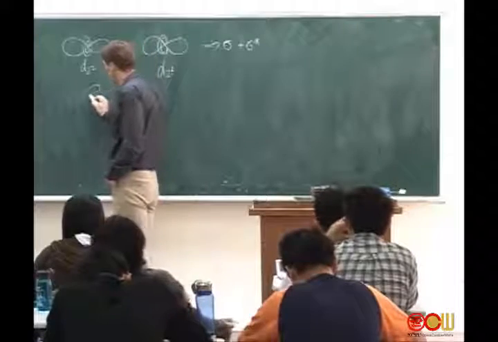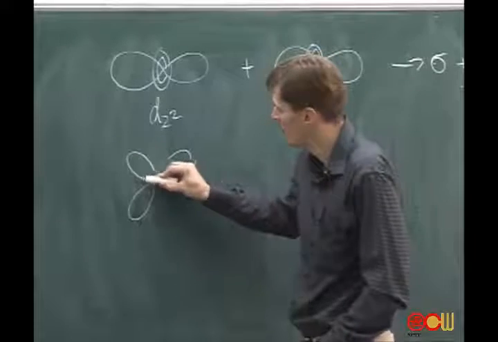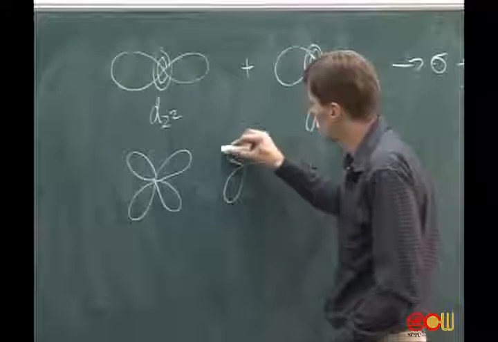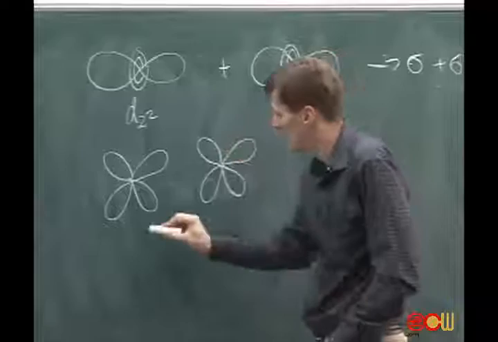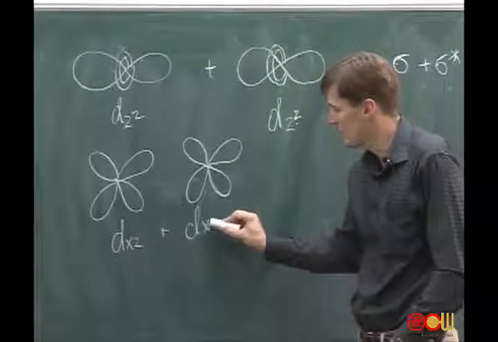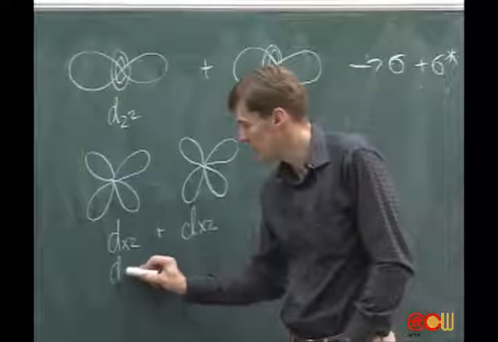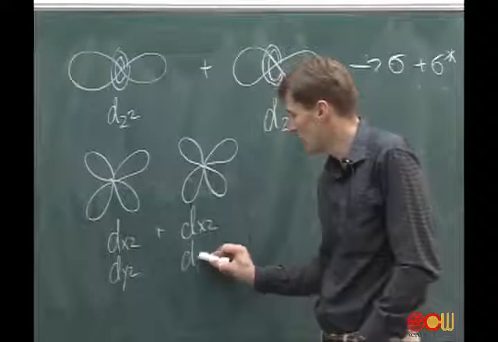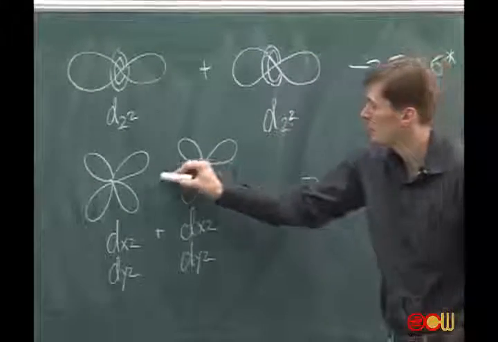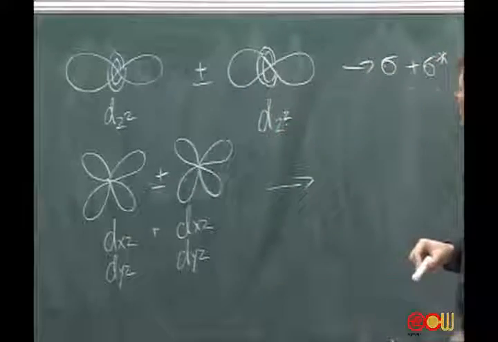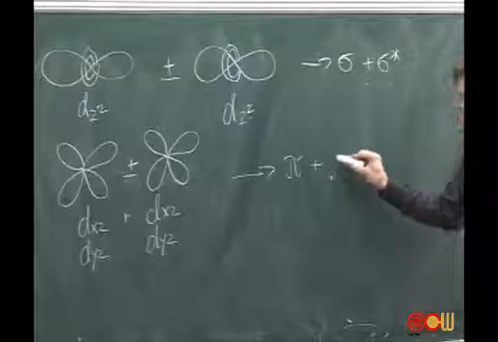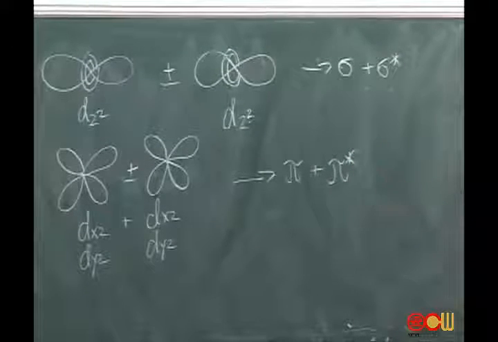If you have dxz reacting with dxz, or if you have dyz reacting with dyz, you are getting from this one, so there is plus and minus, here was also plus and minus, you are getting from this one pi and pi antibonding orbitals.